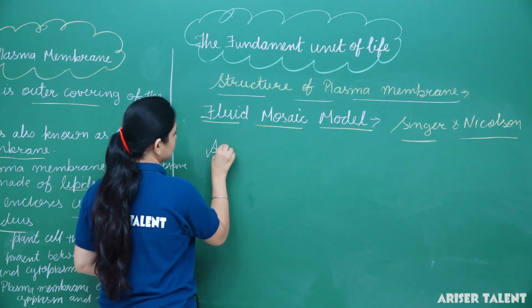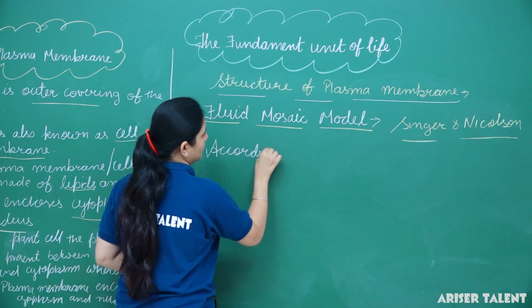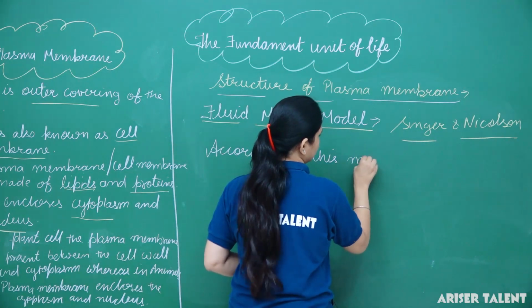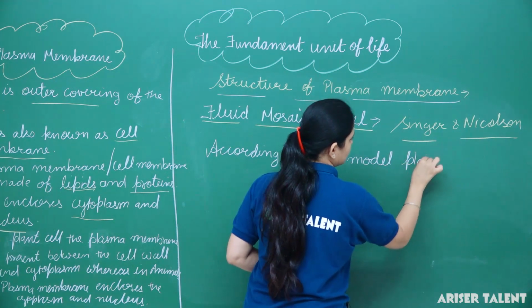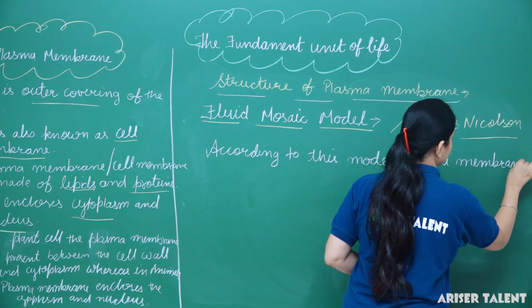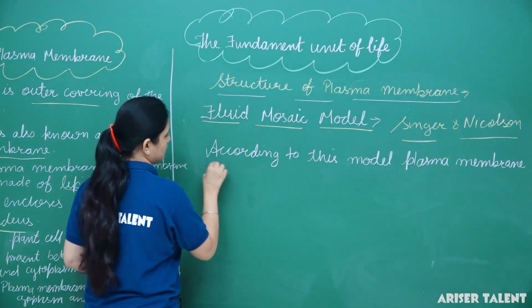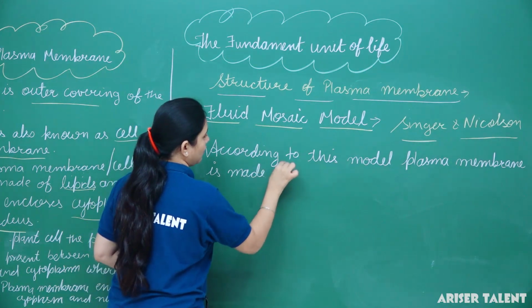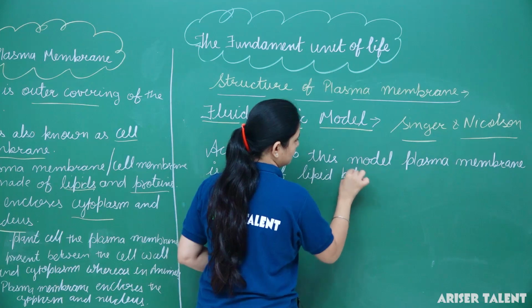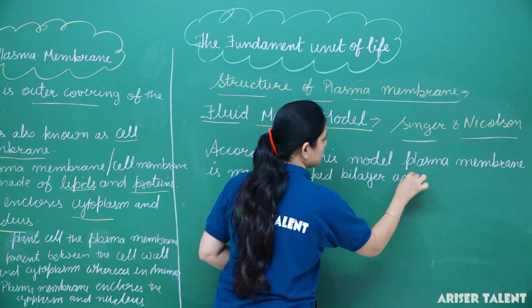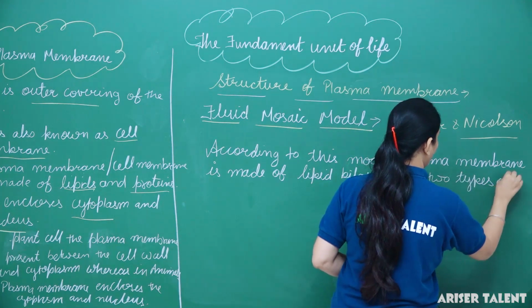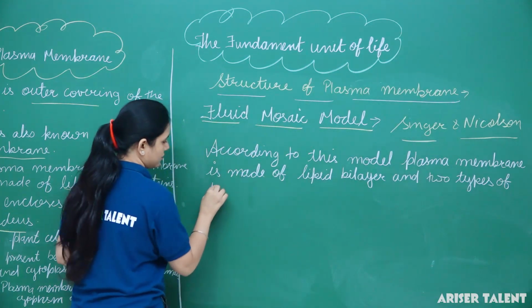Okay. So, here we go with the fluid mosaic model. According to this model, plasma membrane is made of lipid bilayer and two types of proteins.